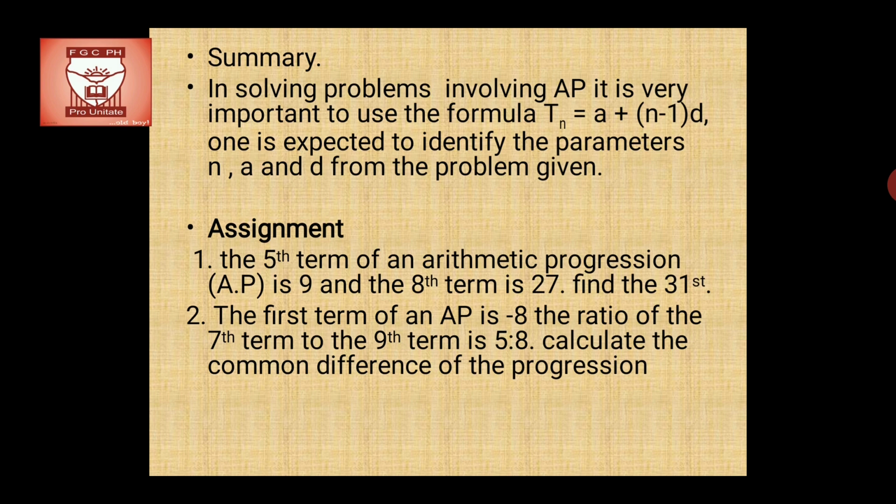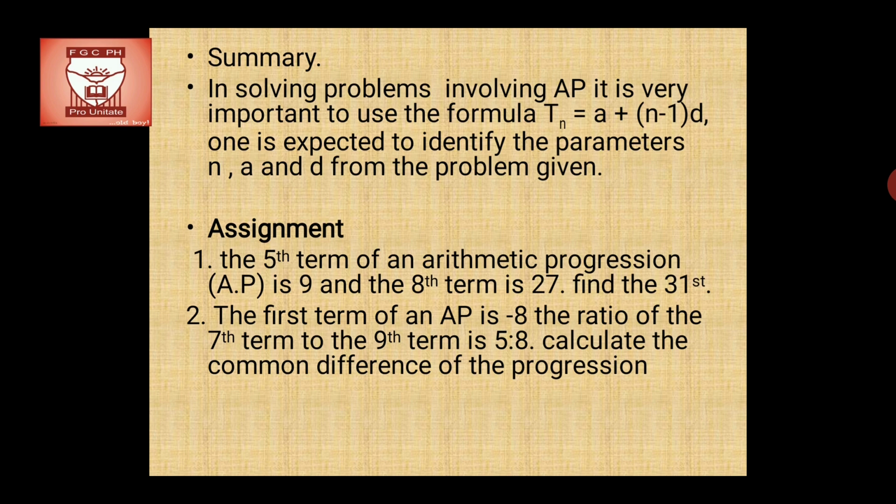Now, I will be stopping here for a while. In our next class, we will look at series, which is sum. But in the meantime, I want you to look at these examples. The first one says the fifth term of an arithmetic progression, AP, is 9, and the eighth term is 27.